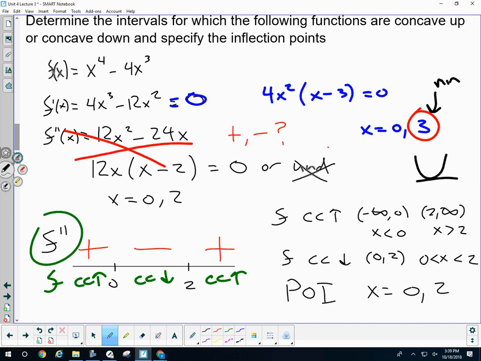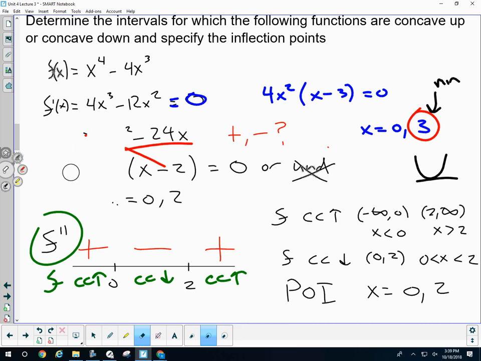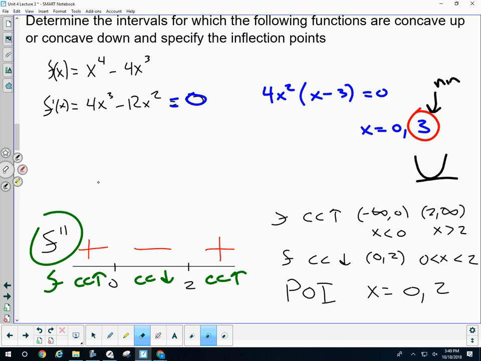Okay. So let me just show you exactly what's going on in this situation. If I did a sign analysis for f prime, I'm going to just throw it right on top of here. We got 0 and 3. I'm going to put 0 on top of 0 and 3 over here.